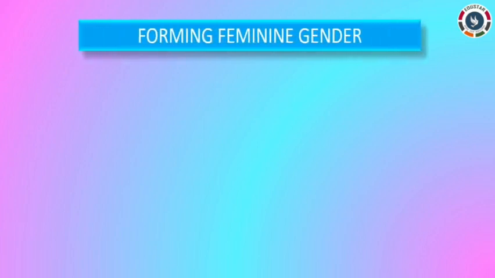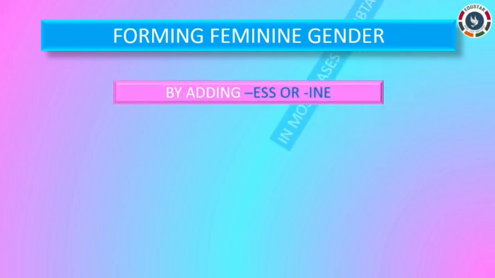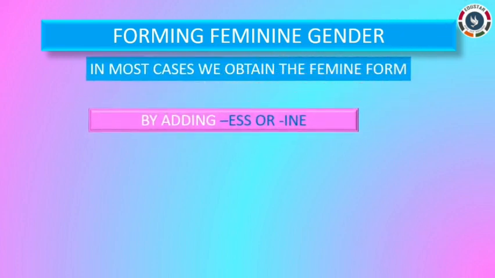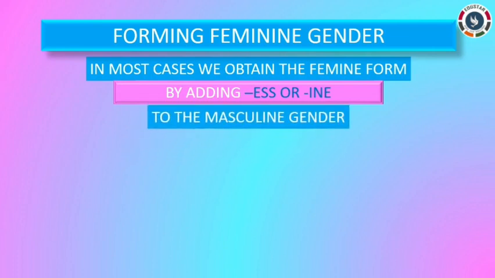Now, let us see one by one with examples. The first one, by adding ess or ine. In most cases, we obtain the feminine form by adding ess or ine to the masculine gender.